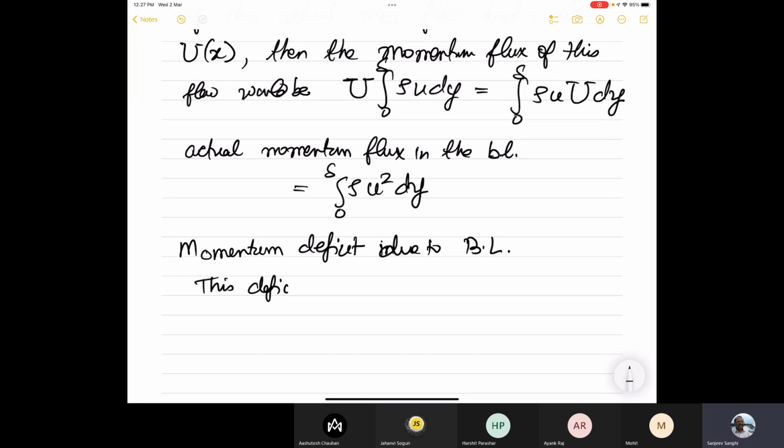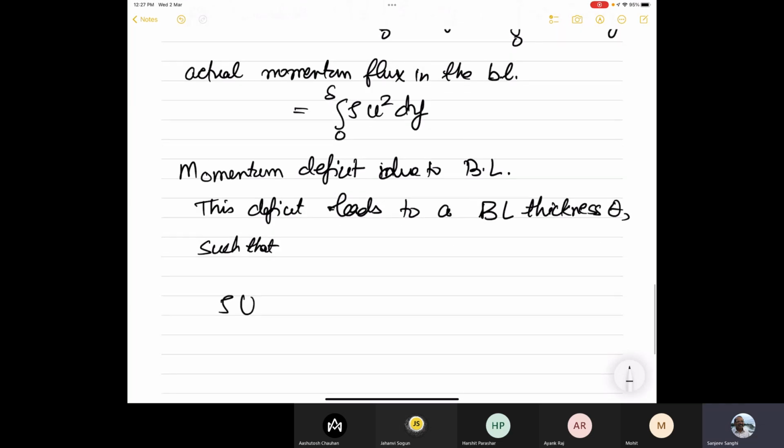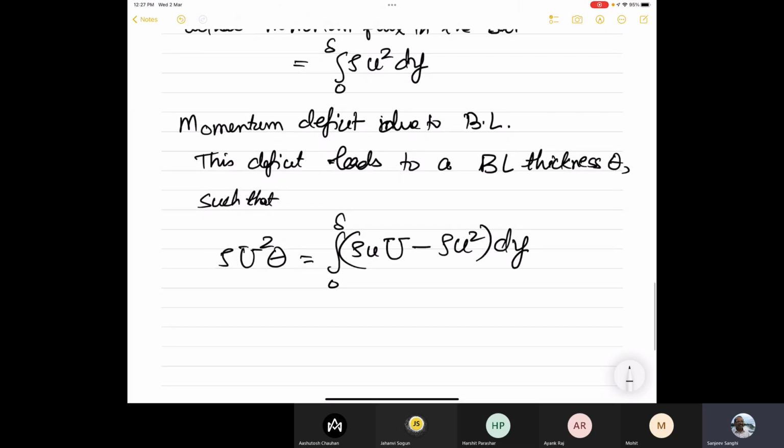This leads to a thickness theta such that the deficit, rho U square theta, is equal to the ideal case, rho u times capital U, minus the actual case, rho u square dy.